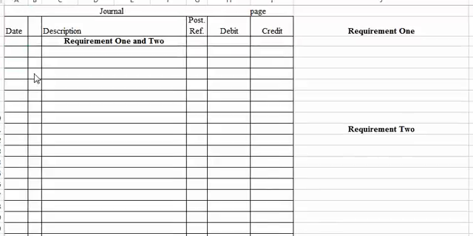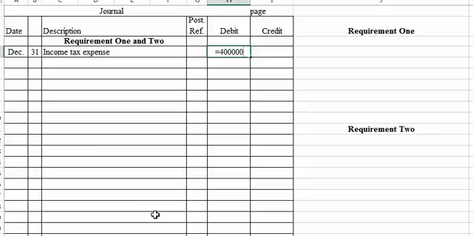So we'll start with it, and we'll assume that their fiscal year is the calendar year. So we'll just say December 31, and we're going to debit income tax expense. Now it's calculated, if you'll remember from your notes, by taking pre-tax accounting income or book income, which in this case is $400,000, minus any permanent differences.